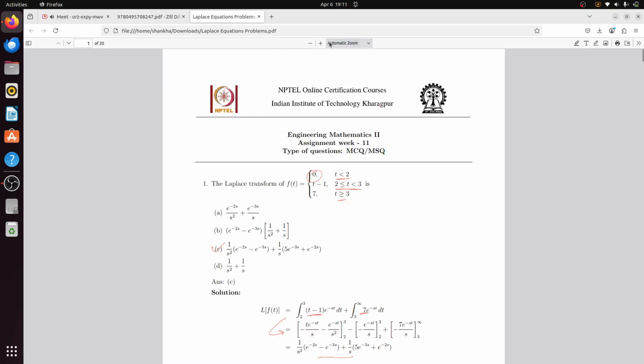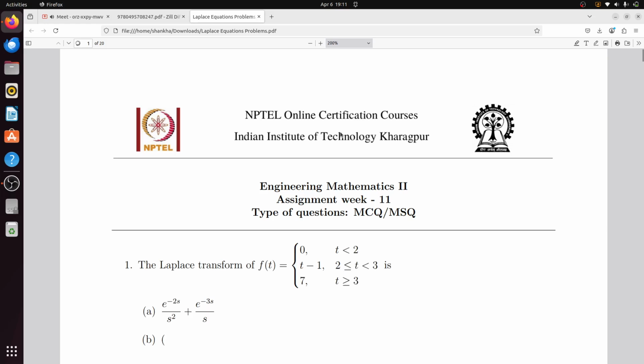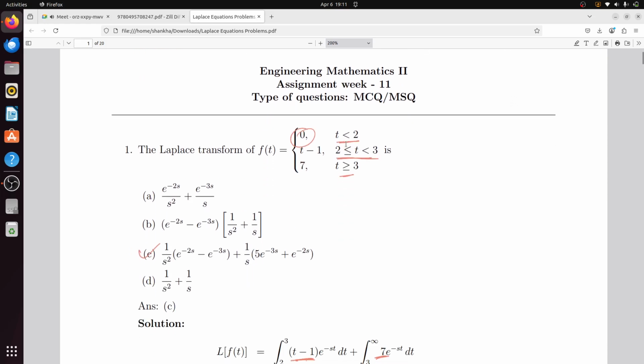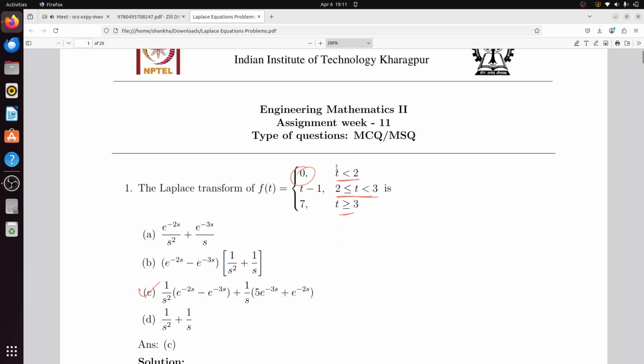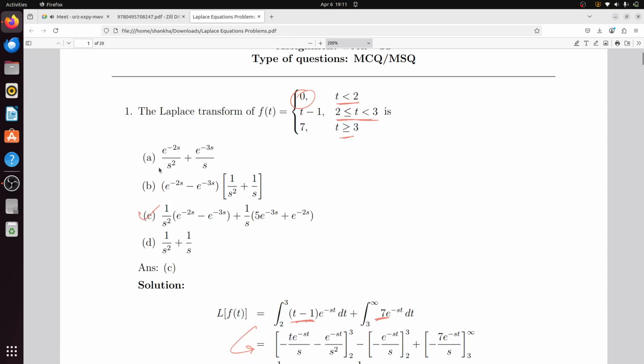These are the tutorial sheet problems from last year's assignments, I think last to last year, 2021 probably. So look, we have already discussed these things.